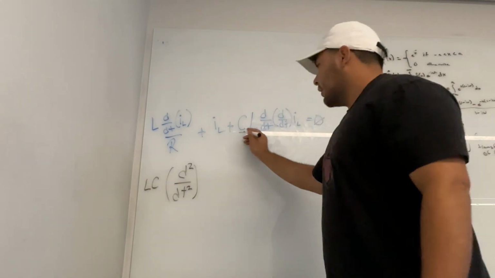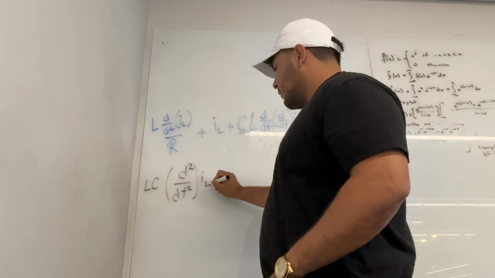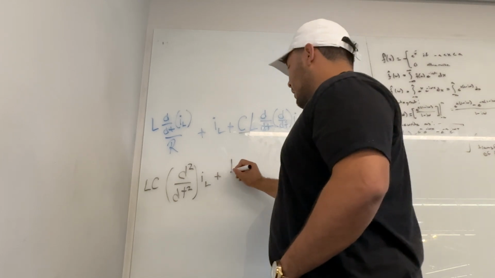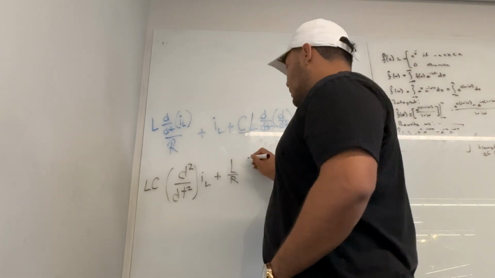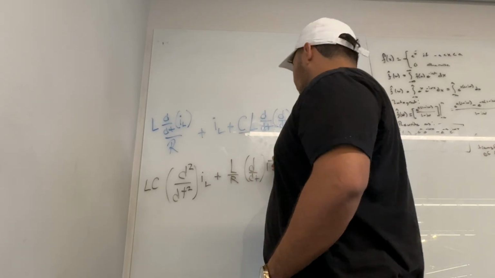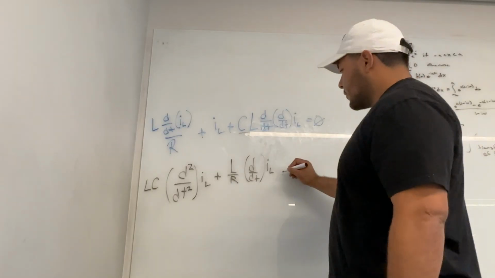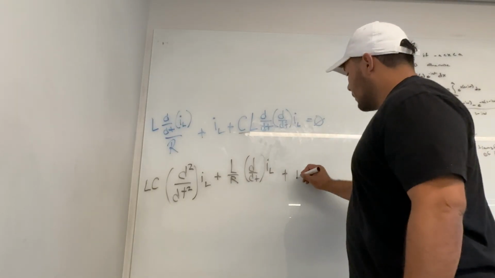I wrote CL here, but LC just sounds better. So LC times d squared over dt squared I sub L, plus L divided by R times d over dt I sub L, plus I sub L equals 0.